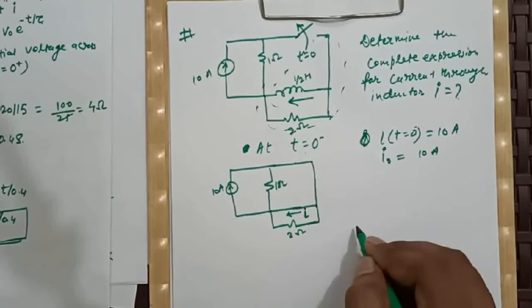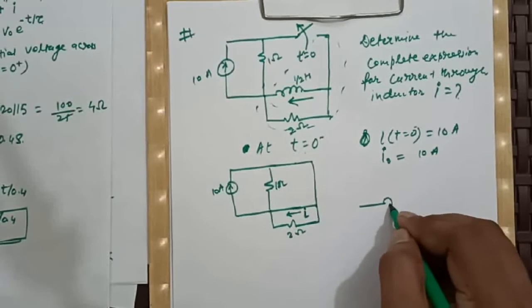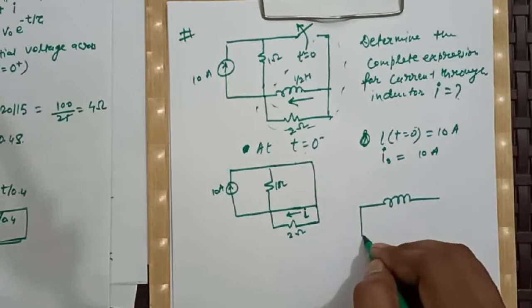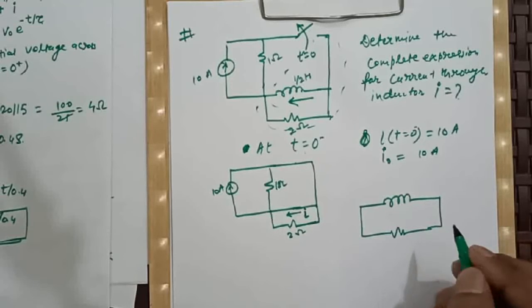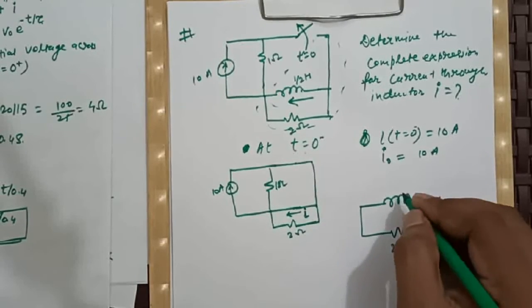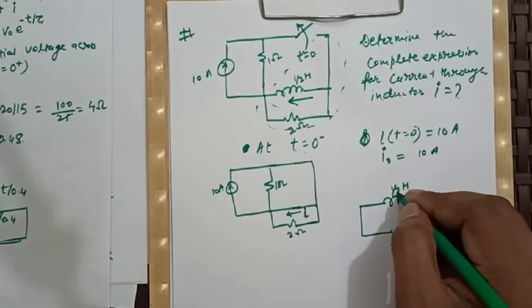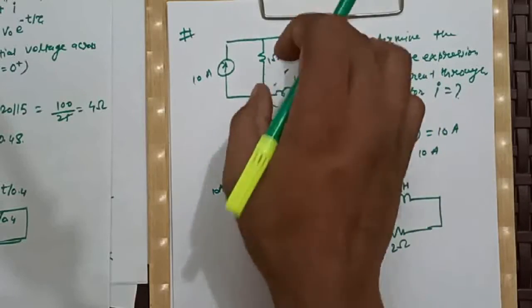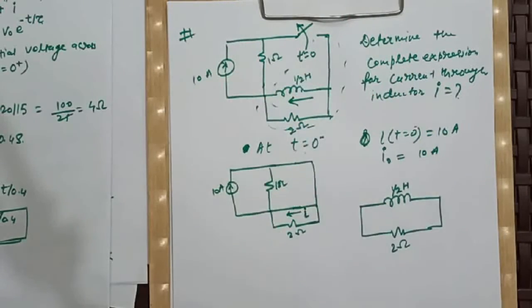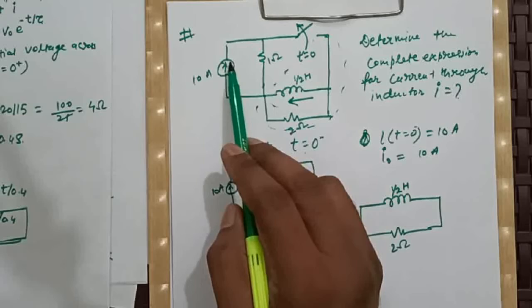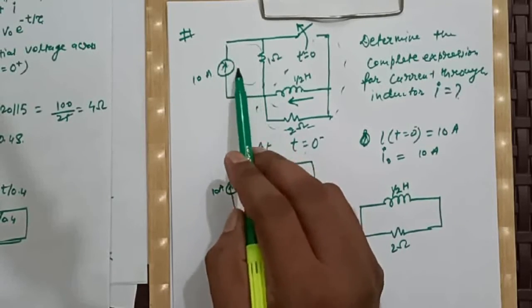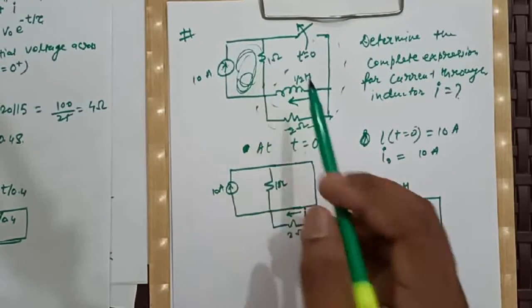So after the switch is opened, only this will be the circuit of concern, because this is getting open circuited. This will have no significance, as whatever current it supplies will circulate in this circuit only, right?